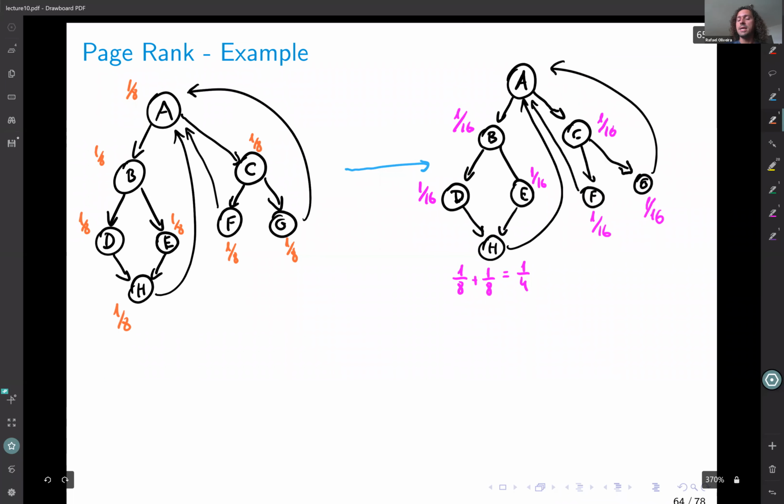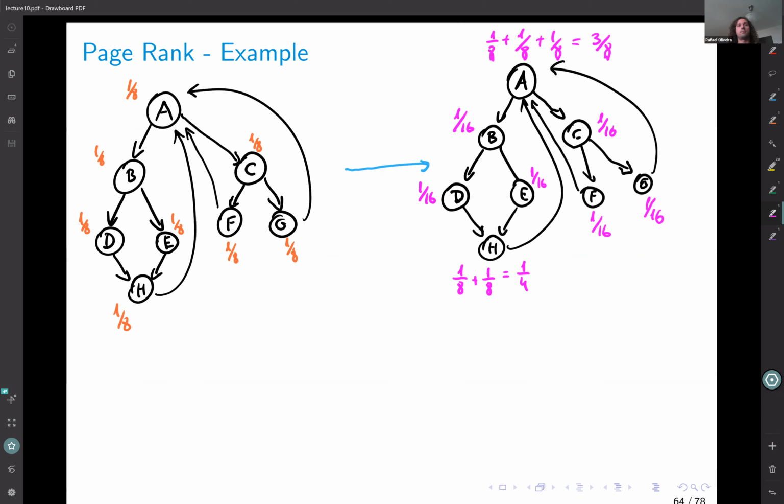A is going to receive the full weight from F, which was 1 over 8, plus 1 over 8, the full weight from G, and it also received the full weight from H, right? So we have 1 over 8 plus 1 over 8 plus 1 over 8, which is 3/8. Does that make sense?